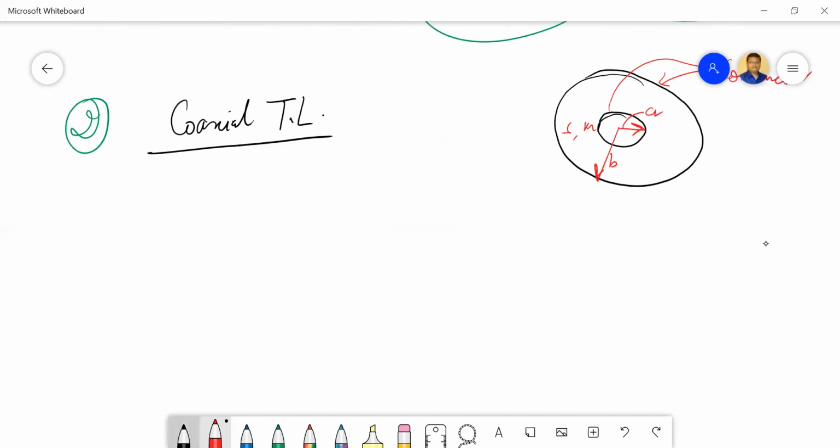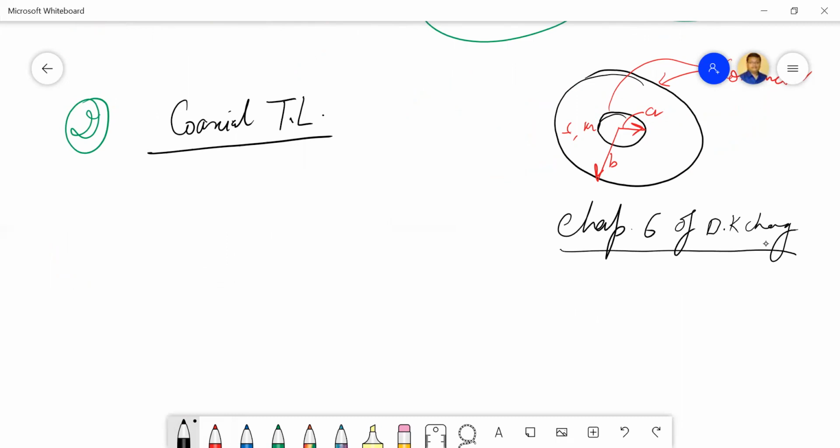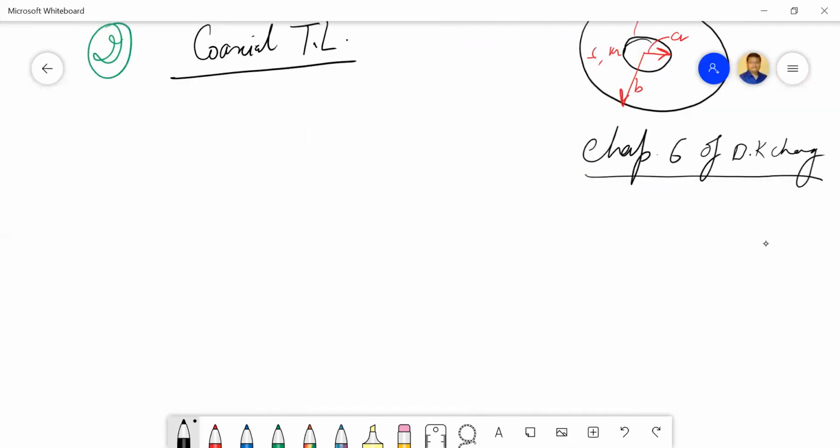In chapter number 6 of D.K. Cheng, you can find the derivations for these lumped components in terms of the material parameters. I'm just rewriting the equations that we derived.